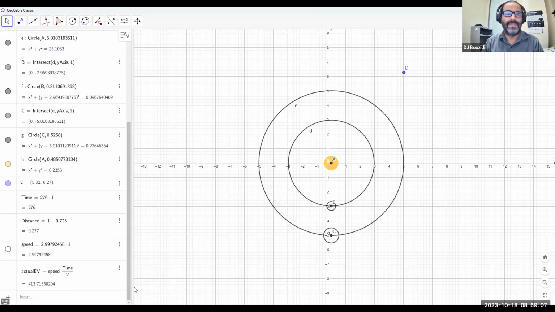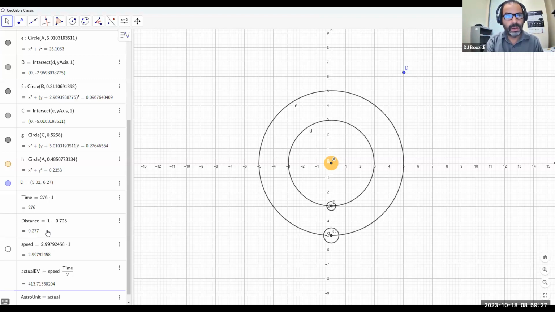So again, the astronomical unit should be equal to this distance divided by this fraction of a distance. That's going to convert back into an astronomical unit.